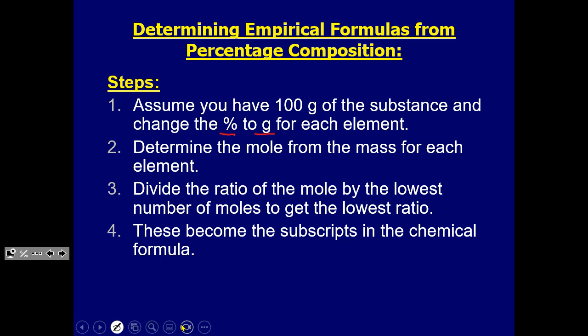So if I have a 100-gram sample and 29% of it is lead, then I have 29 grams of lead, because I'm just switching the percentage for grams. Then we're going to determine the moles using the molar mass. And then we will have a ratio of the moles, which lets us determine the formula. No need to write that down. I'm going to write it down as we go through the problem.